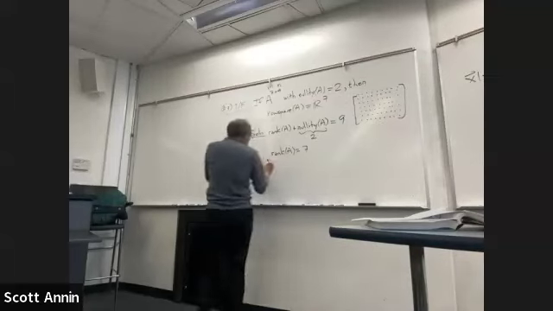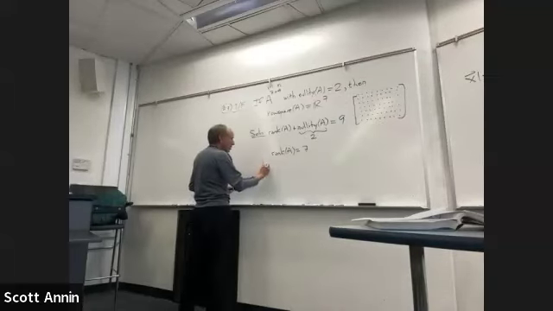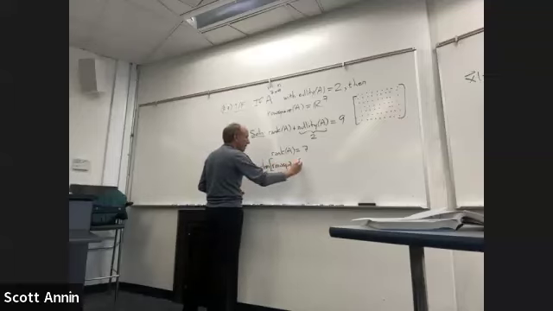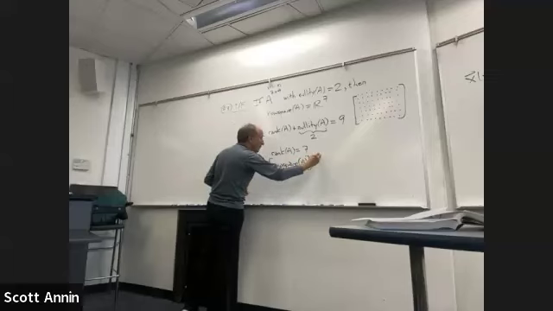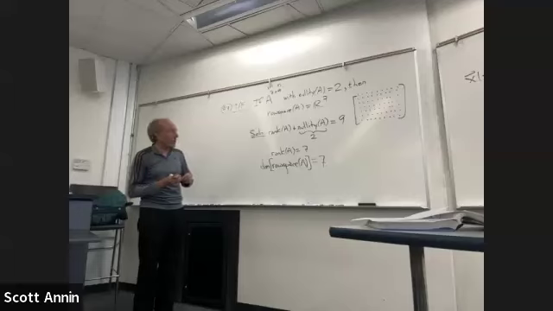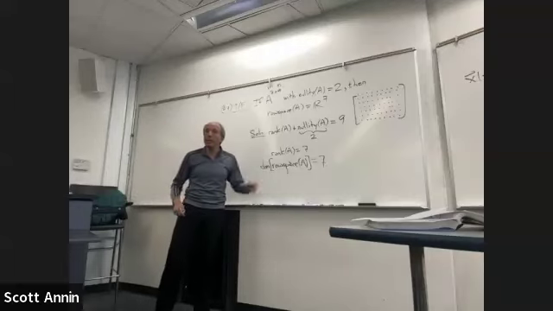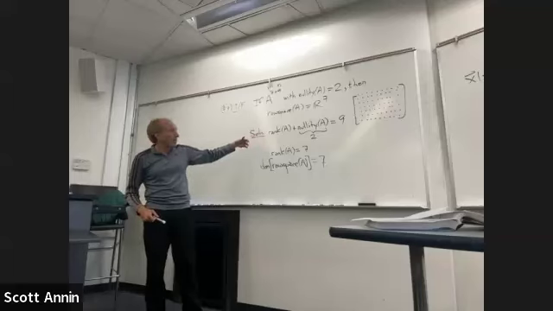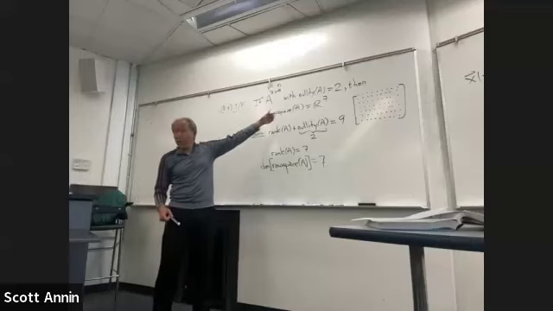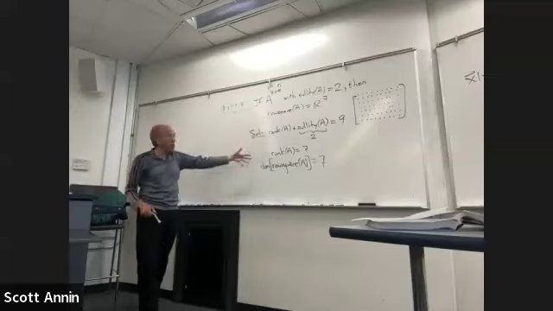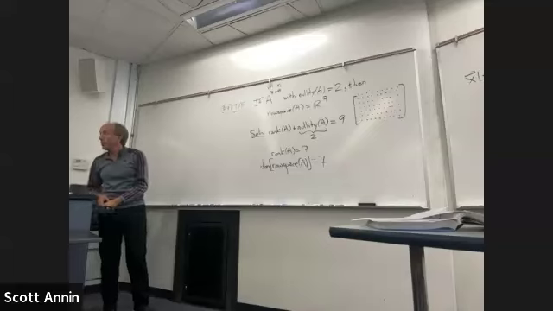So the dimension of the row space of A is 7, because the rank is the dimension of the row space. Now I'm connecting to the question, because the question says, is the row space of A equal to R7? So we now have the dimension of the row space equals 7.